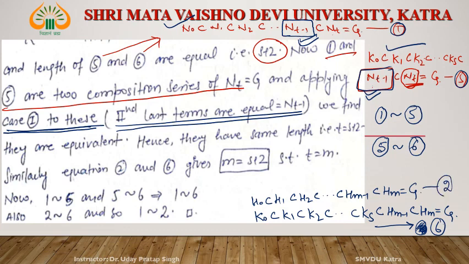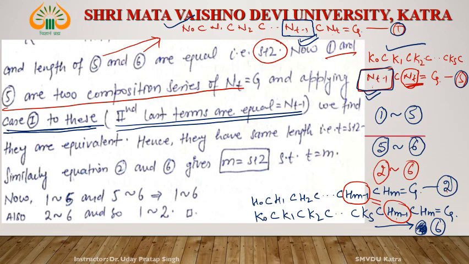This is 2. Now see, second last term. What is the second last term? Second last term is Hm-1, and here Hm-1. Both are equal, then by case first, 2 and 6 are equivalent. It means 2 is equivalent to 6. Right?